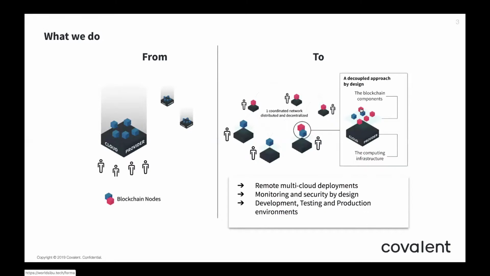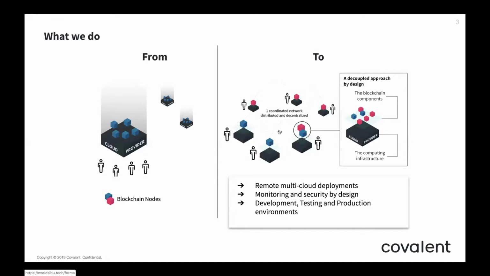Let's see, okay. Just to mention a little bit about what Covalent does. We typically come and move clients away from an environment where they are all locked in the blockchain provider, in a single cloud provider, running all the blockchain components in a single cloud provider, which is basically the typical scenario that you will find in a blockchain as a service.